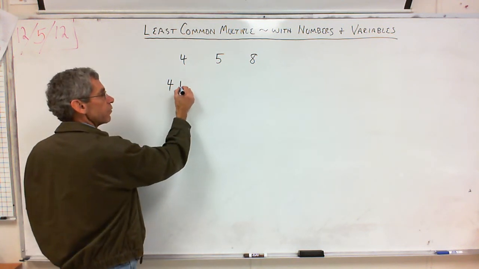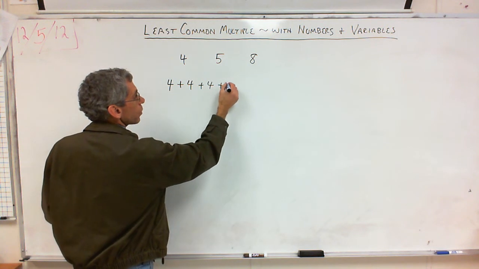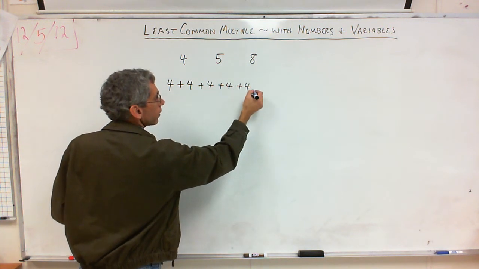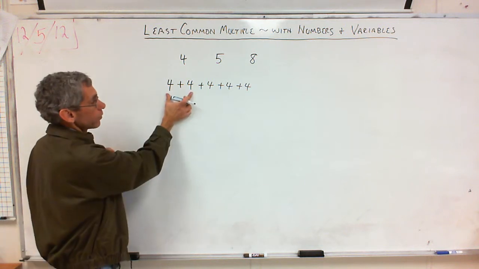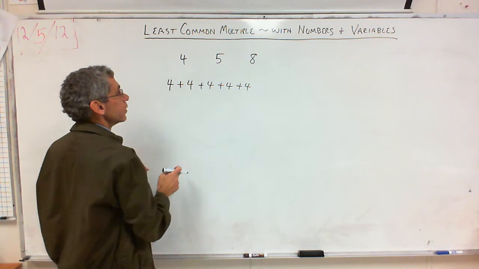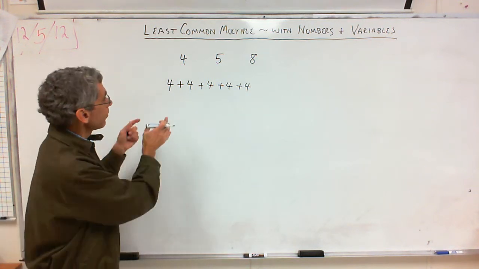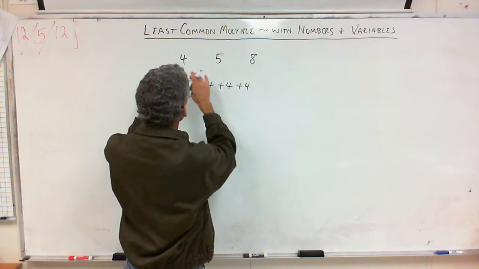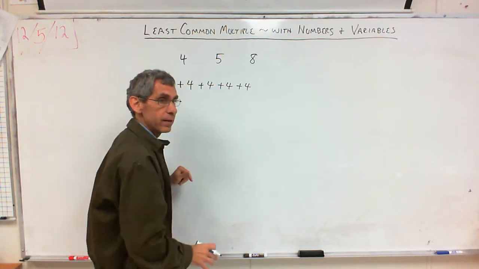So think about it. If we had 4 plus 4 plus 4 plus 4 plus 4, those are all multiples. That's a multiple of 2 4s, a multiple of 3 4s, a multiple of 4 4s, a multiple of 5 4s. So we want to know how many 4s you would need to equal a number of 5s added together and a number of 8s added together.